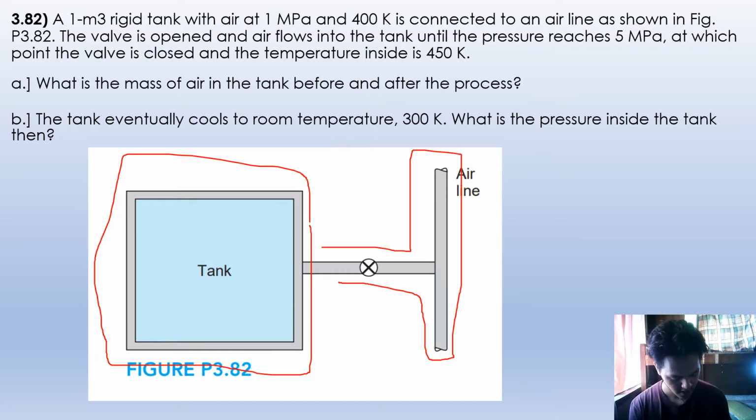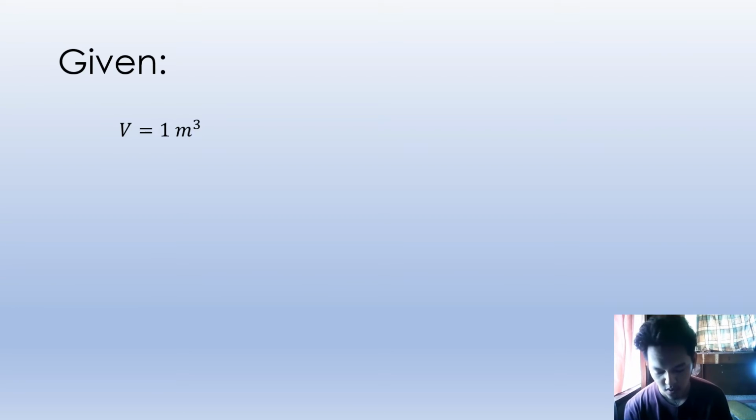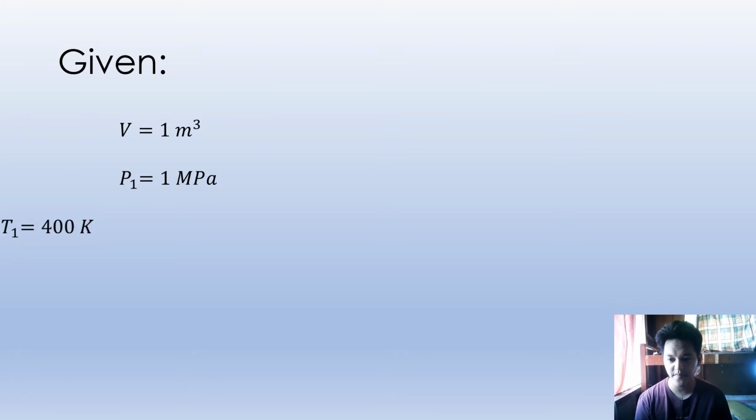Let's identify the given first. As you can see here, we only have one volume, which is 1 meter cube, so the volume is constant. The pressure 1 is 1 megapascal.